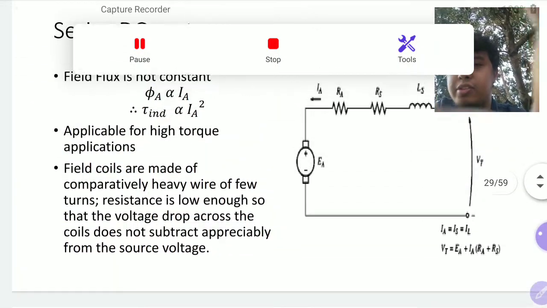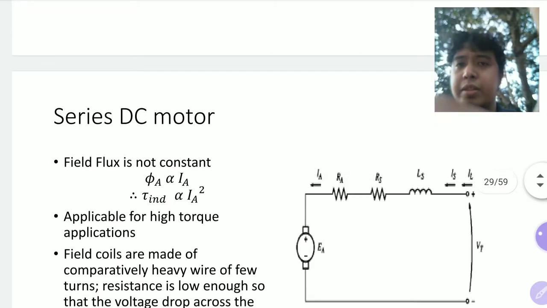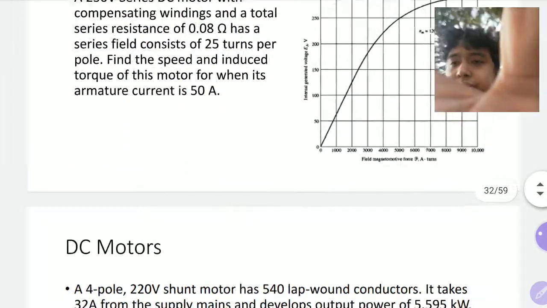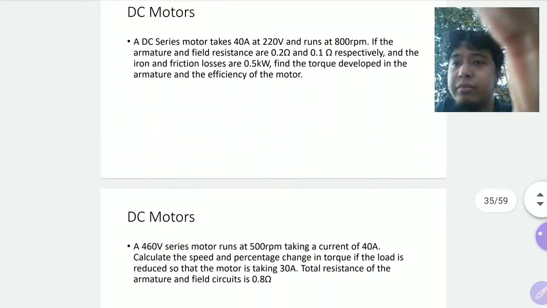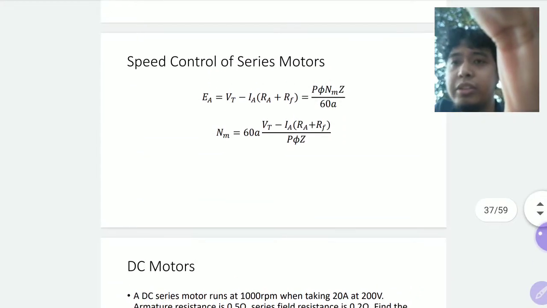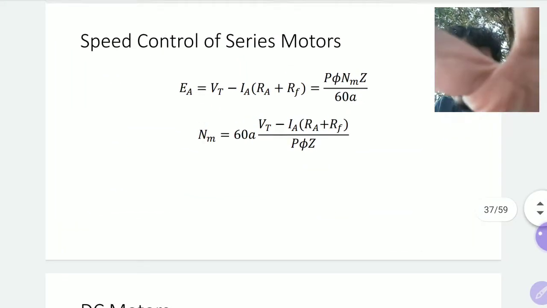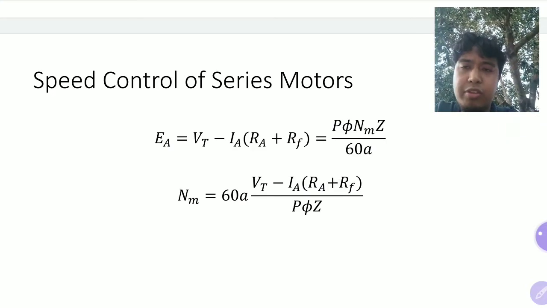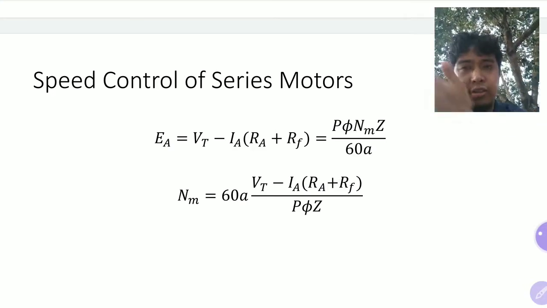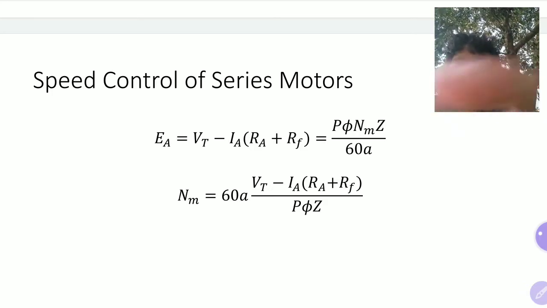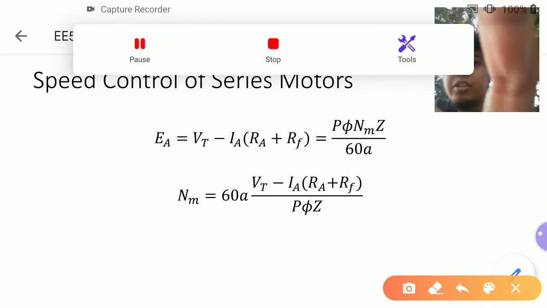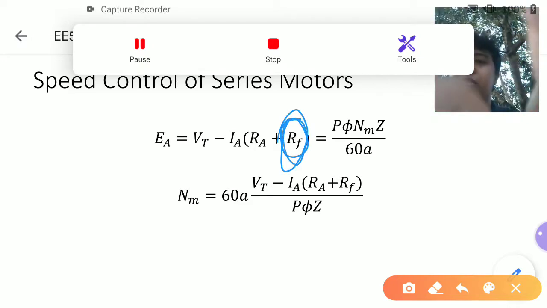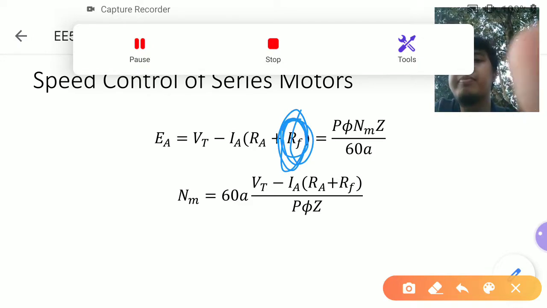For series motors, I guess the difference of that previous formula on shunt is that for series motors, your field is in series with the armature, so you want to consider that voltage drop.